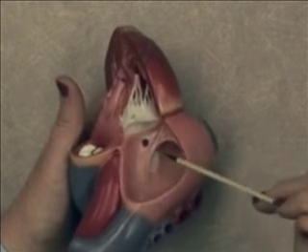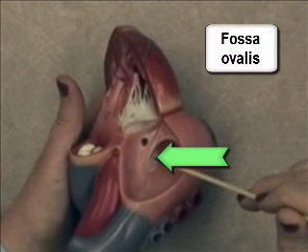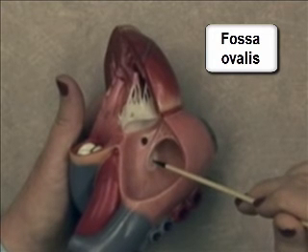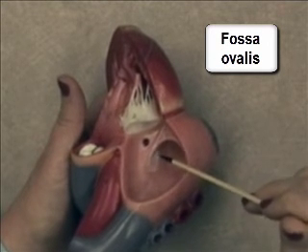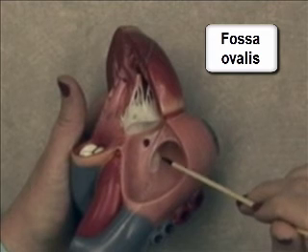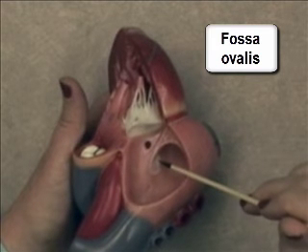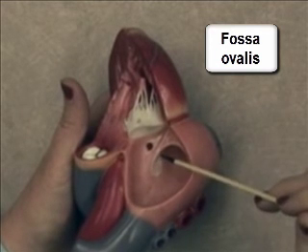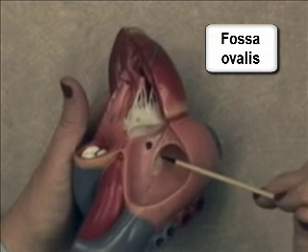This is the fossa ovalis. The fossa ovalis is the remnant of a fetal structure called the foramen ovale, where blood was shunted from the right side directly to the left of the heart. So the fossa ovalis.